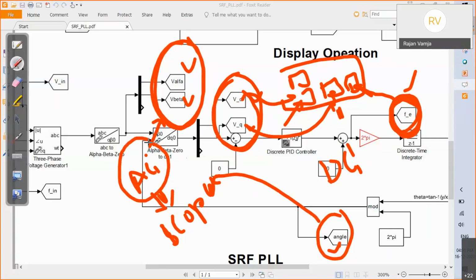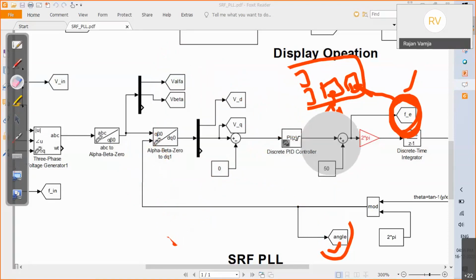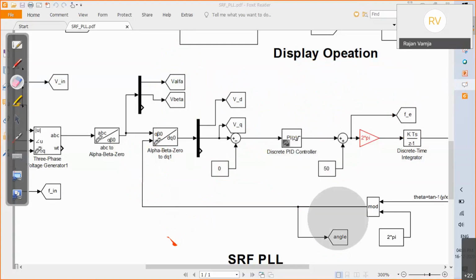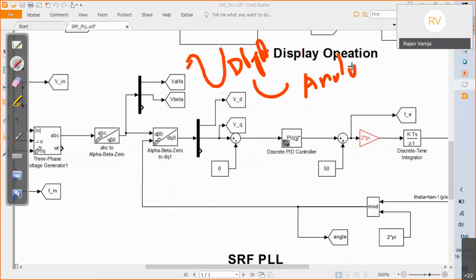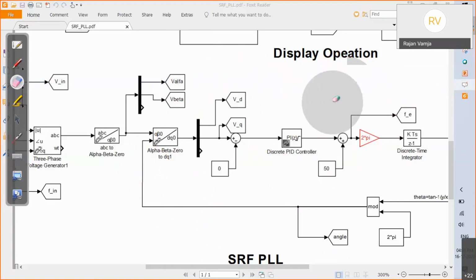So to observe these AC quantities, the digital value will be converted to analog using the scope. So now we go for implementation of DAC.